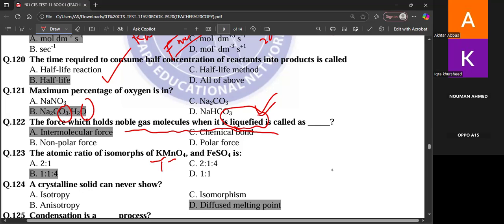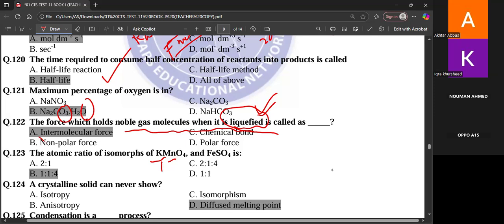So the intermolecular forces are increased when gas is converted into liquid. You are also familiar with the process that first we increase the pressure of the gas, then we decrease the temperature of the gas, and after that we can achieve the liquid. So due to the increase in intermolecular forces, your best option is intermolecular forces.